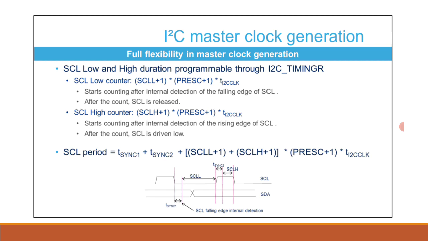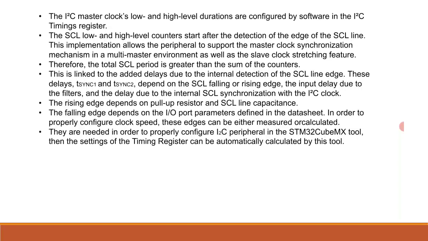They are needed in order to properly configure the I2C peripheral in the STM32CubeMX tool. Then the settings of the timing registers can be automatically calculated by this tool. So whatever points discussed, here it is. Then we will move on to the slave address mode.